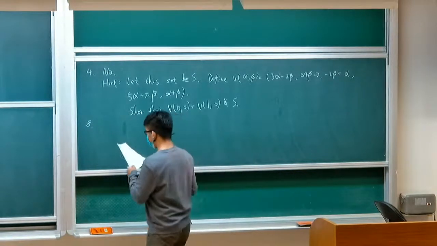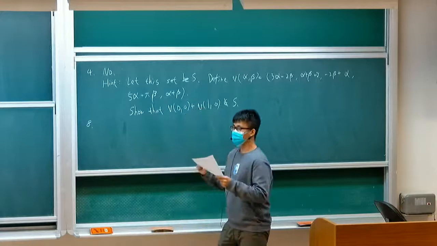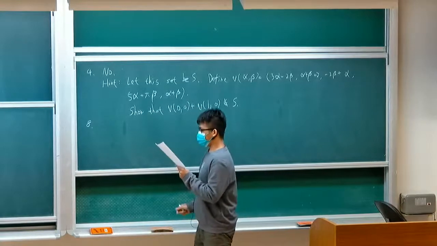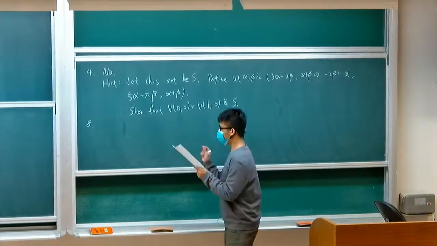Okay, first, we know that if two matrices are row equivalent to each other, then they have the same row space.